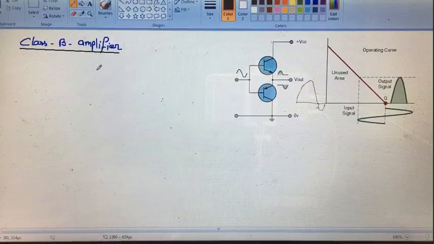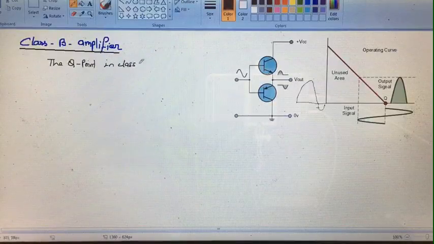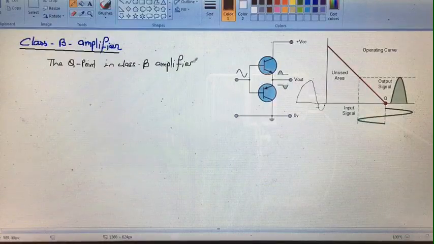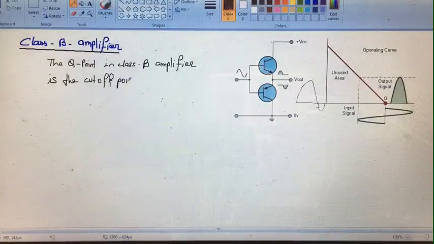So we can say that the quiescent point in a class B amplifier is the cutoff point on the DC load line.